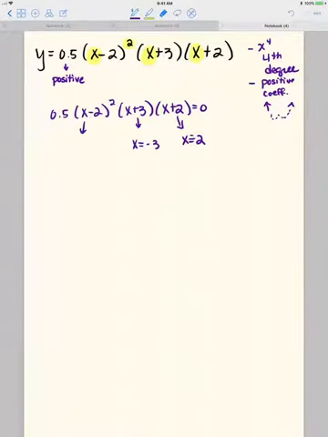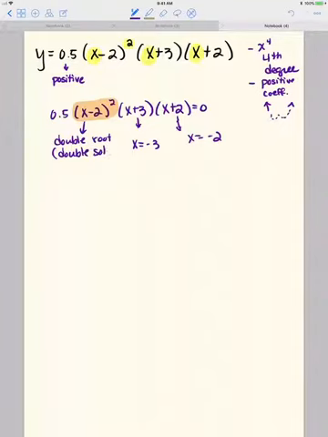But what I wanted to be sure to point out here is this x minus 2 quantity squared. The fact that that quantity is squared makes this what's called a double root, or a double solution.